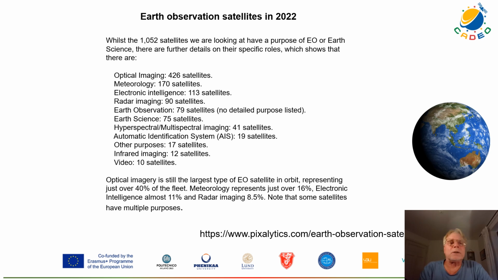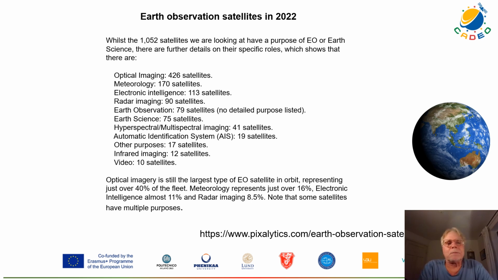Now Pixalytics counted about 1,000 Earth observation missioned satellites up there. Some are optical, some are meteorological, as we said, some are radar imaging. It's an active sensor, so it sends out a radar signal and then it measures what bounces back into the sensor.